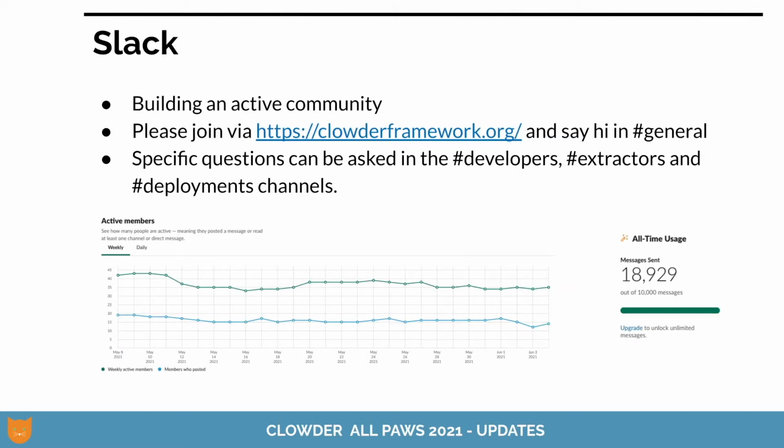Over the past two years, we've tried really hard to build an active community on Slack. So you can join via the main website and say hi in the general Slack channel. There's a bunch of channels that we maintain: developers, extractors, deployments.